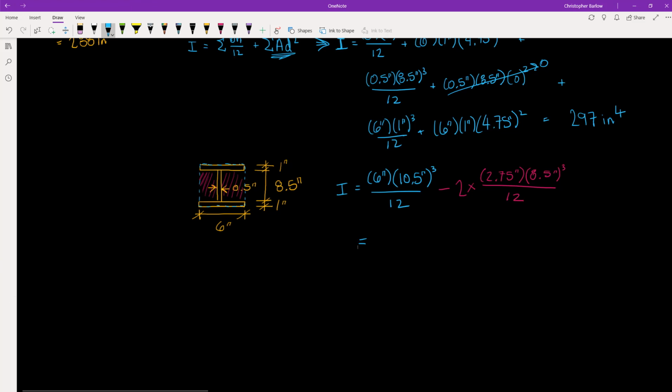And now we get out our calculator. And the nice thing about doing it this way is that both terms are cubed, so we don't have to worry about mixing up cubes and squares. And we see here, once again, we get 297 inches to the fourth.